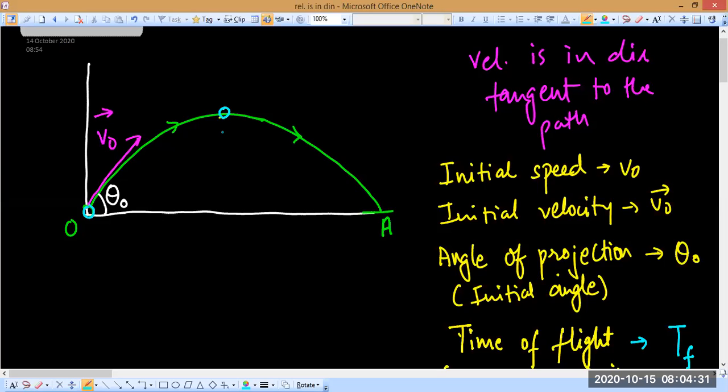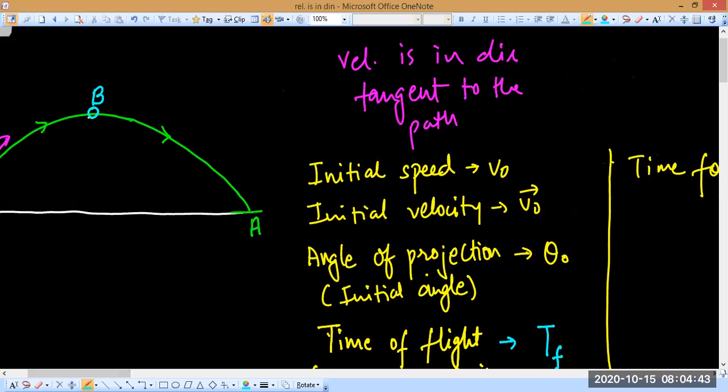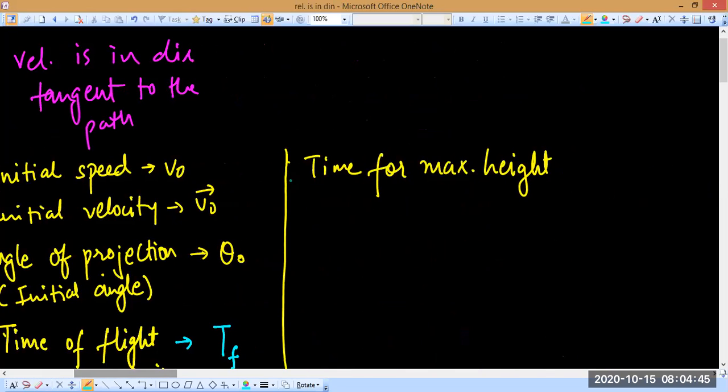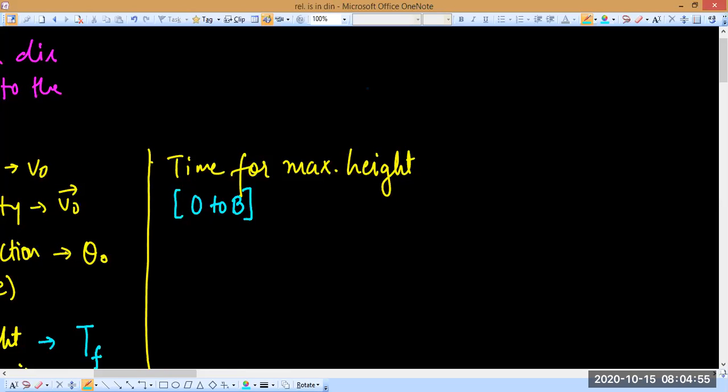The time to go from O to B is called time for maximum height, or time to achieve maximum height. Its symbol is TM, capital T and capital M.